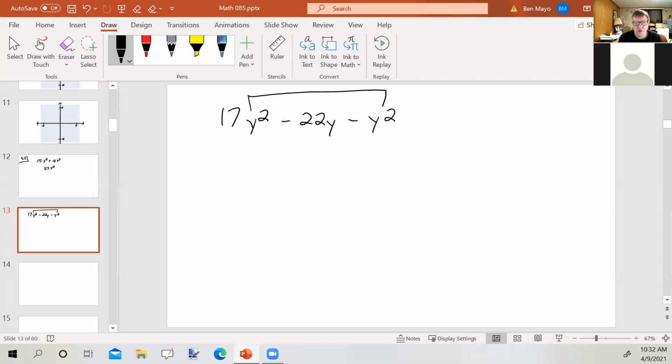The middle term is just y, or in this case, minus 22y, but y and y squared are not like terms. 17y squared minus 1y squared is 16y squared, and then minus 22y. So not only have we simplified this expression by combining like terms, but it's also written in descending powers of the variable. The term with y squared comes first, and then the term with y comes next.